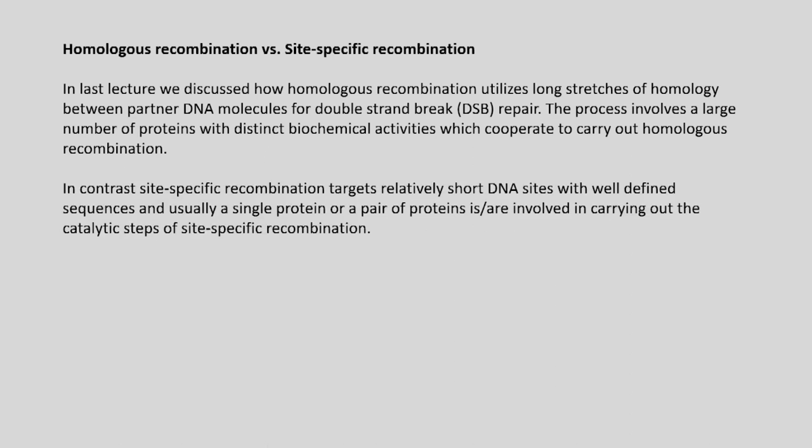In contrast, site-specific recombination targets relatively short DNA sites with well-defined sequences, and usually a single protein or a pair of proteins is involved in carrying out the catalytic steps of site-specific recombination.